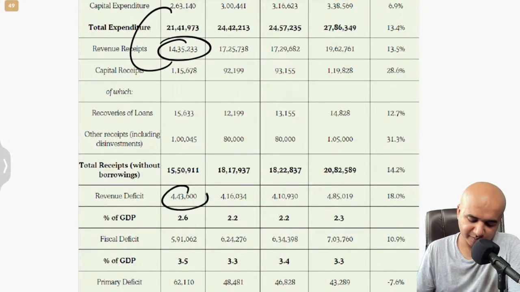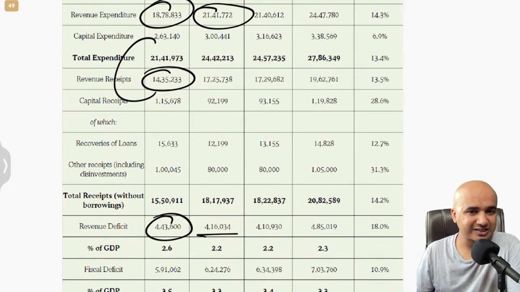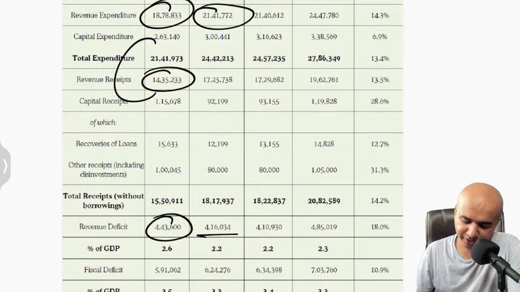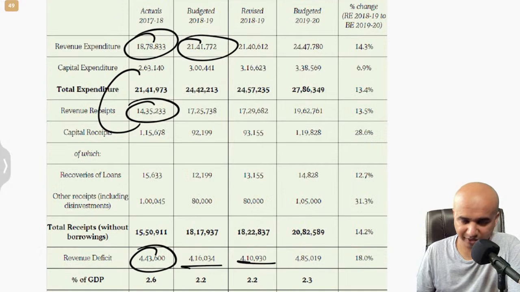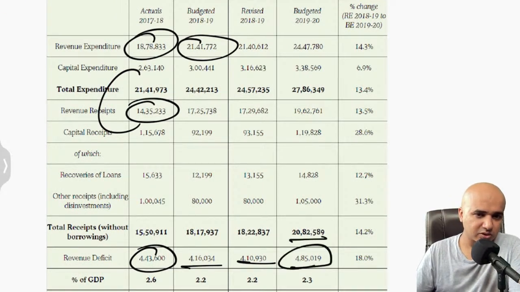So here is the net total: 4,43,000. Then it came down thankfully in 2018-19 to 4,16,000. Then 410, a further decrease. But again there was a sharp jump in 2019-20 to 4,85,000 crores.